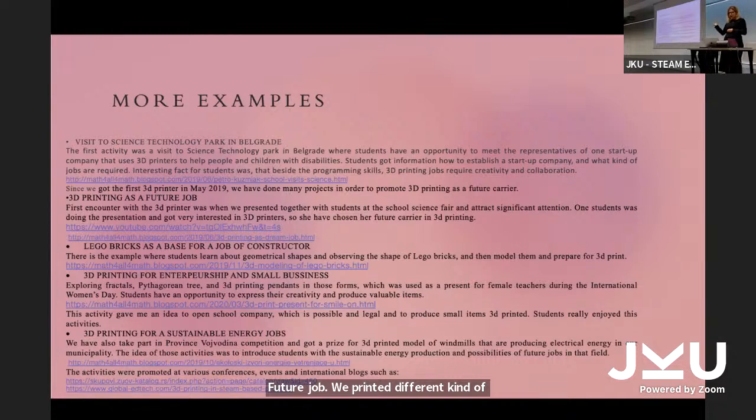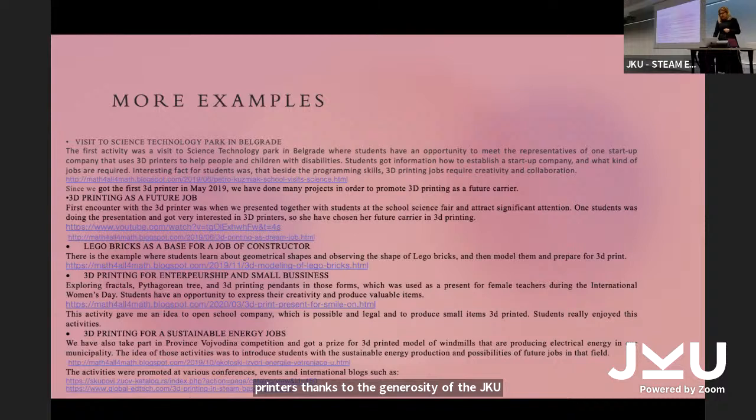Then we printed windmills, where we were dealing with sustainable environmental issues. This is an example where we connect mathematics, art, and entrepreneurship, and many other activities, since we have several 3D printers thanks to the generosity of the JKU.